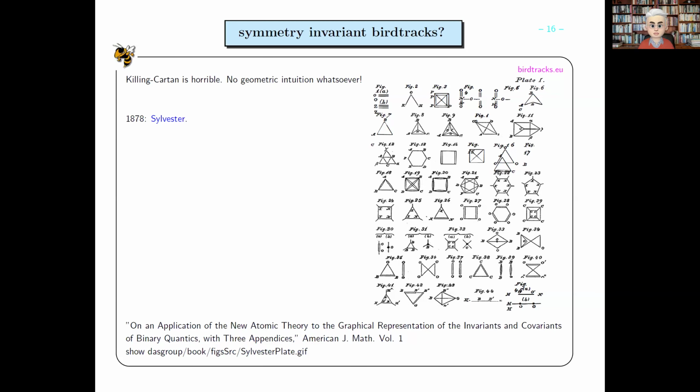So here is Sylvester's list of how you classify possible invariants. And to the best of my ability, I said, I have no idea what it is. Let me just start from scratch. But actually, this is where we start. We start in the 19th century, with the idea that Birdtracks says I should just draw some pictures and they should have geometric meaning.